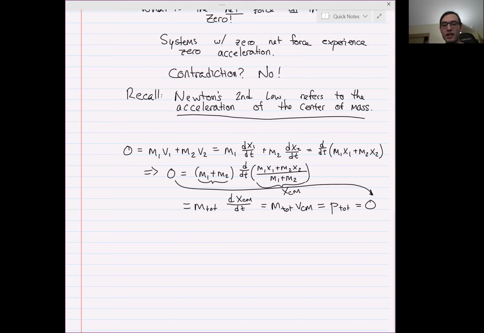It just means that the center of mass velocity is 0. This was the center of mass position here, where m total is the total mass. This gives us an idea of how to generalize this idea of center of mass.